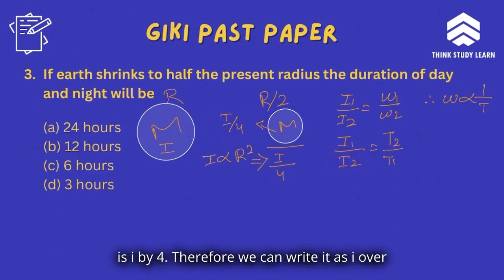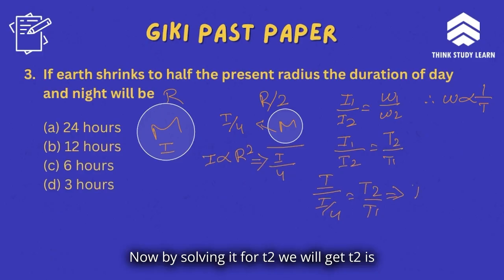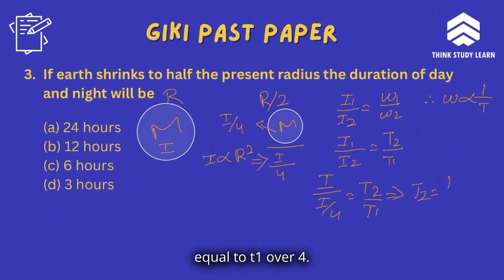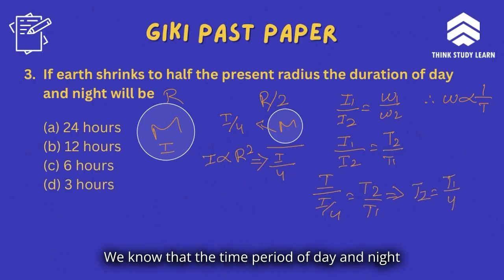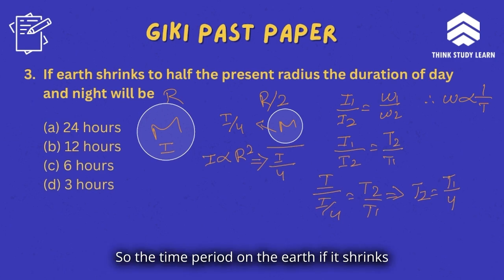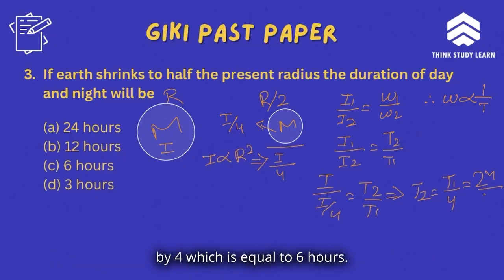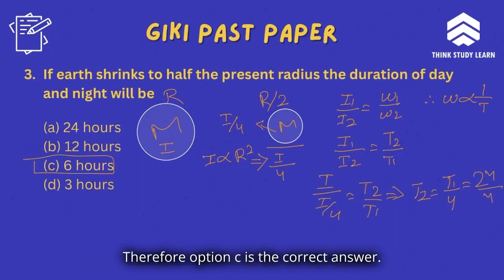Therefore, we can write it as I over I by 4 is equal to T1 over T2. Now by solving it for T2, we will get T2 is equal to T1 over 4. We know that the time period of day and night on Earth is 24 hours. So the time period on the Earth, if it shrinks to half the present radius, will be 24 divided by 4, which is equal to 6 hours. Therefore, option C is the correct answer.